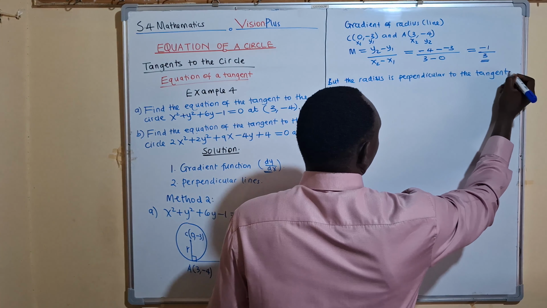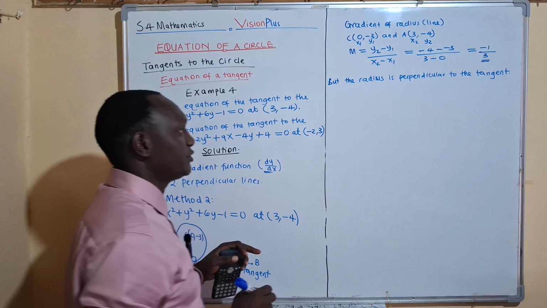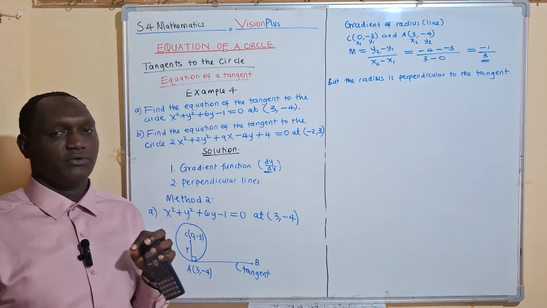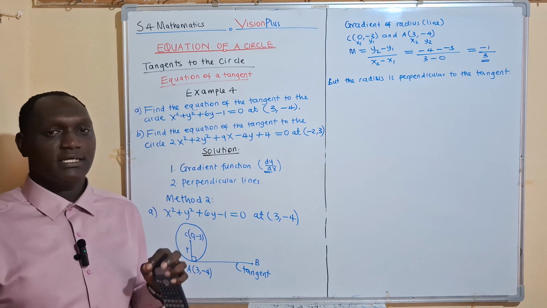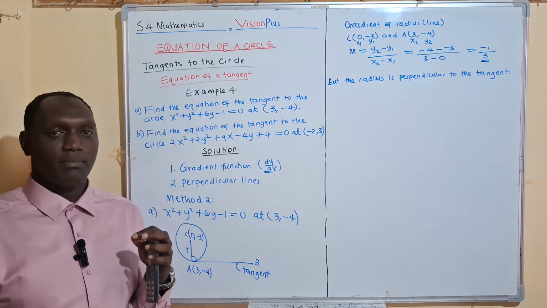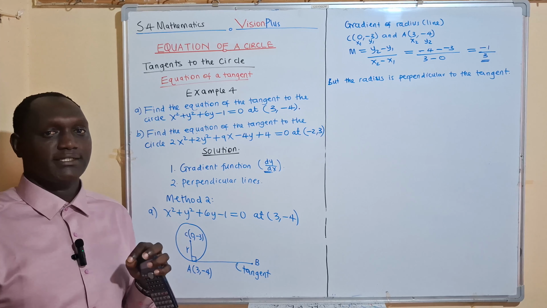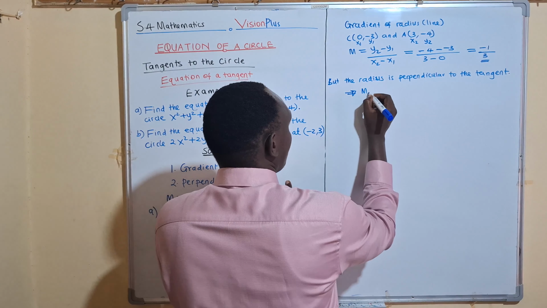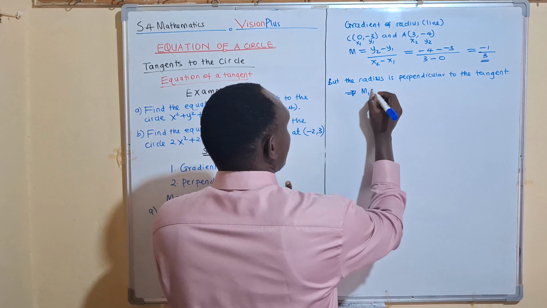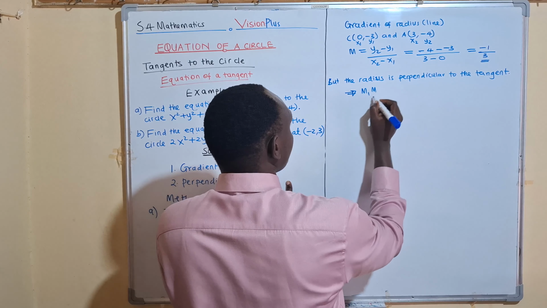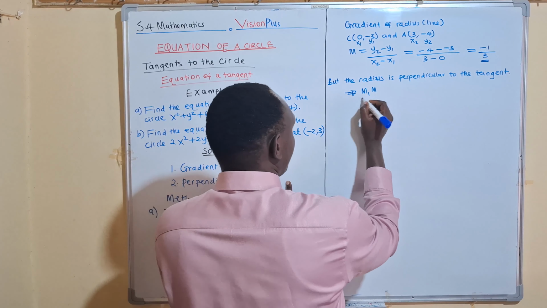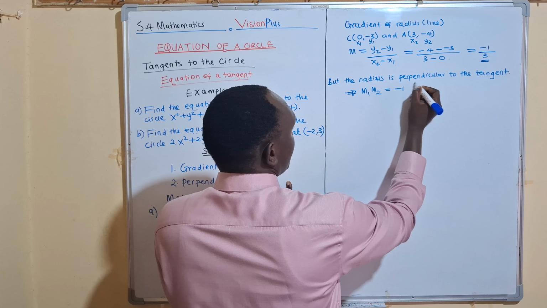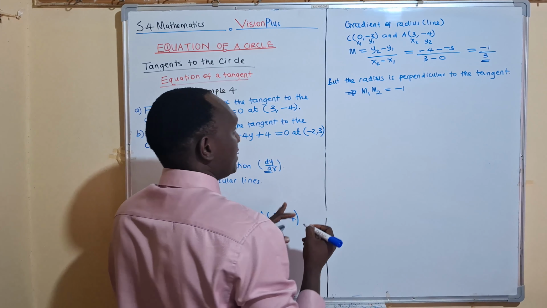It means that we need to apply the concept of the gradients of two perpendicular lines, which says that the product of the gradients of any two perpendicular lines is -1. That implies that the gradient of the first line times the gradient of the second line equals -1 as long as they are perpendicular lines.